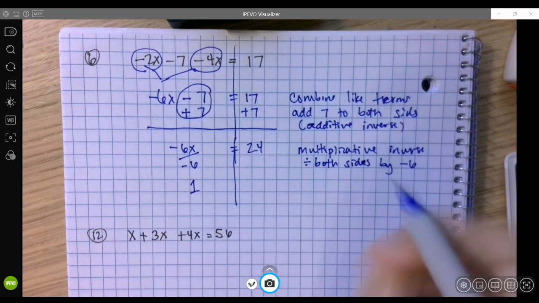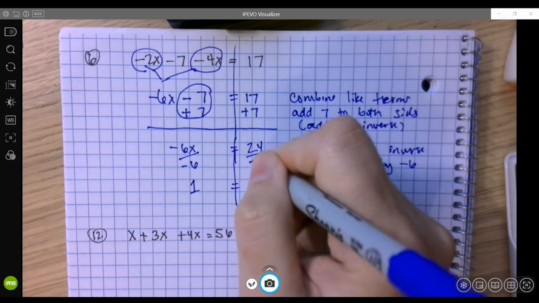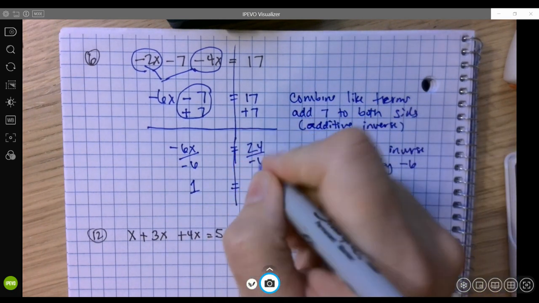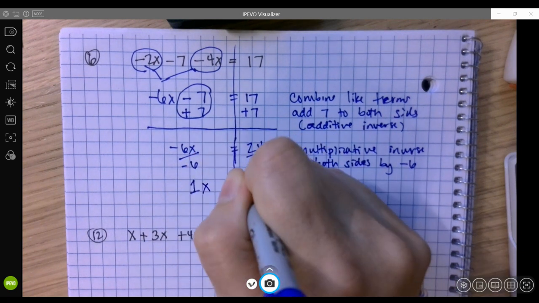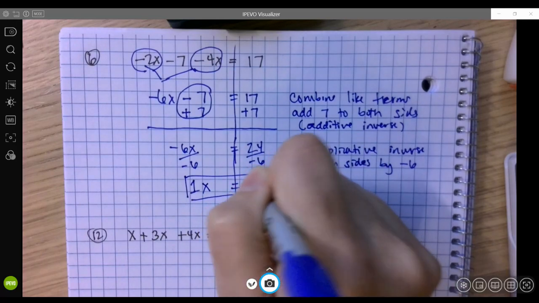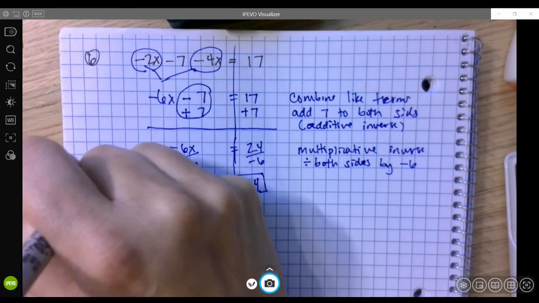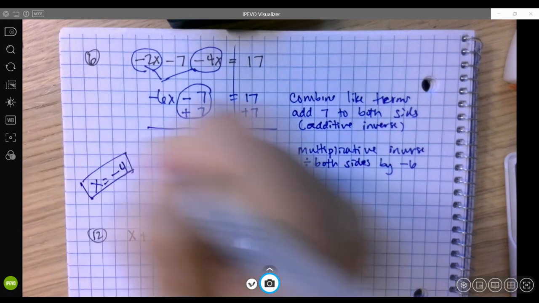Multiplicative inverse gets me to 1. 24 divided by 6 is 4, so 24 divided by negative 6 is negative 4. So x equals negative 4. Don't lose your negative sign.